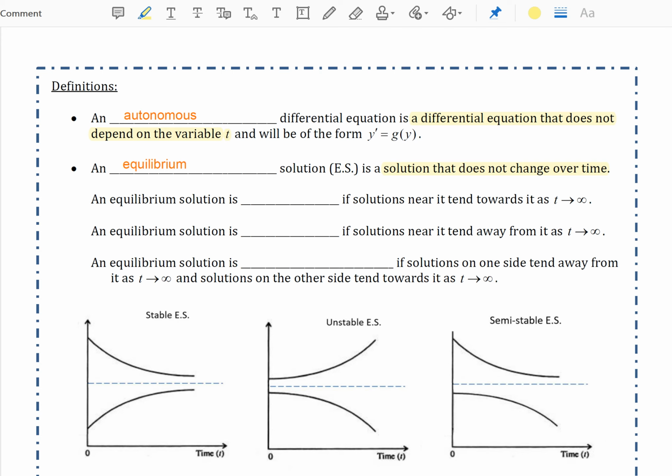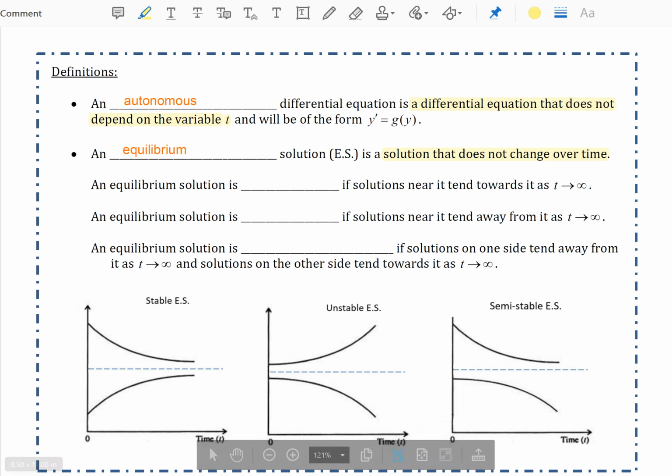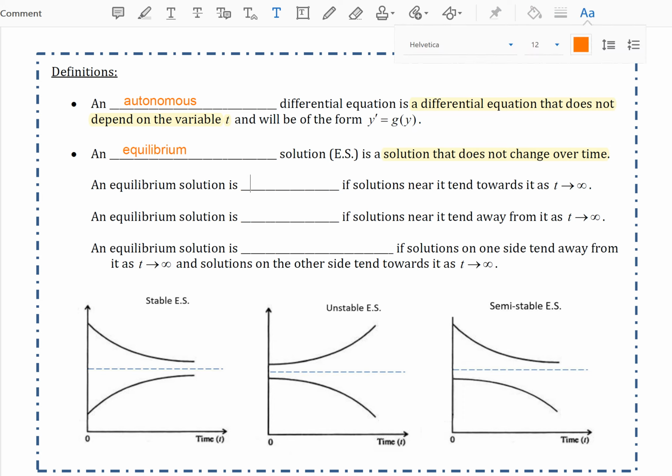Now, previously we only talked about 2 types of equilibrium solutions. There are technically 3 types of equilibrium solutions. An equilibrium solution is stable if solutions near it tend to go towards it. So here you can see for a stable equilibrium solution, regardless of which side, above or below, you have an initial condition, they both approach your equilibrium solution.